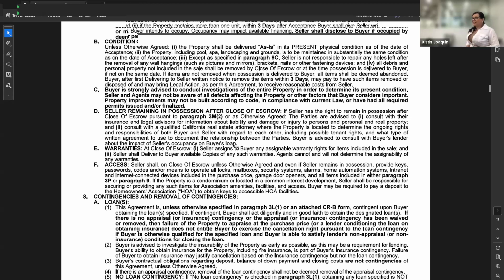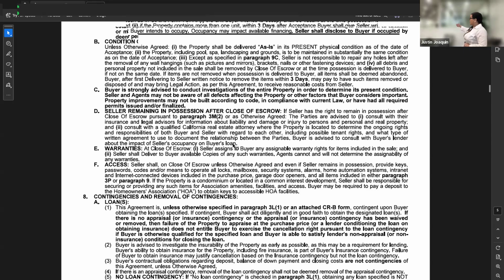So this is already an as-is contract. It doesn't hurt to sign it, but it's redundant, like just repeating yourself. I don't like it, but it's not to say that it's wrong. You just don't have to. So our California RPA is already an as-is contract.